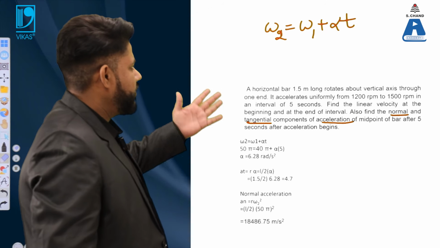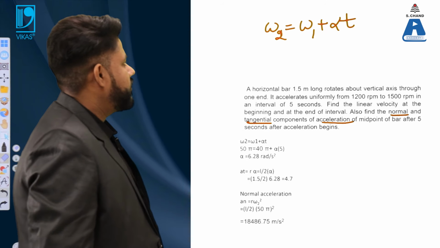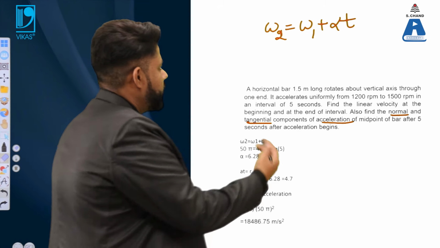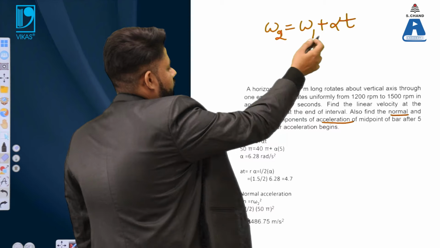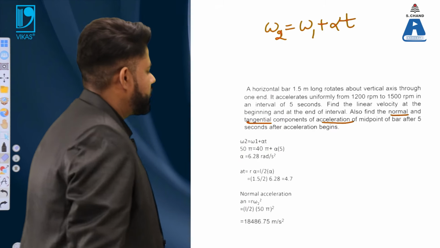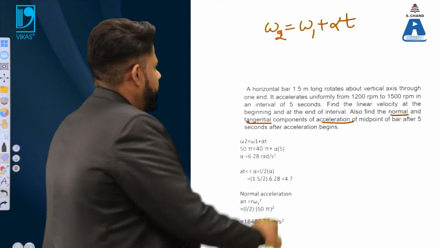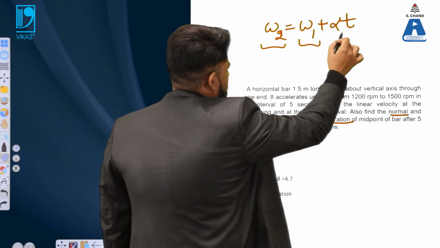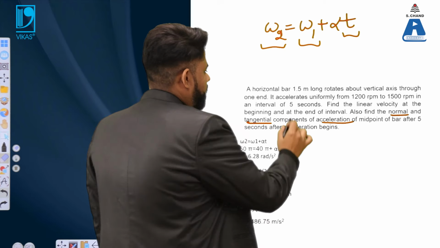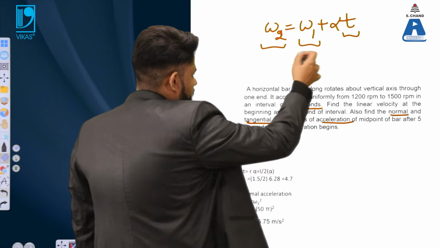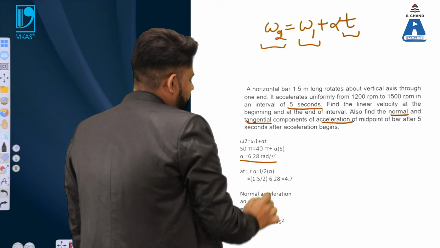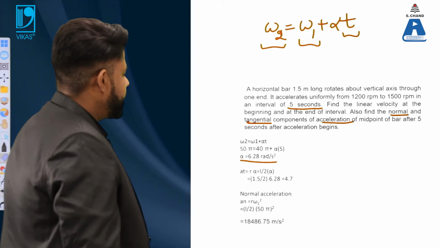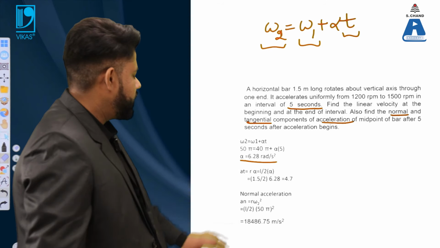What is this equation and where does it come from? v equals u plus at was the initial equation, and we have replaced it with the help of angular velocities and angular accelerations. So we obtained omega 2, omega 1, and the value of the time period, which was 5 seconds. On substituting all these values, you will get the value of the angular acceleration, which is 6.28 radians per second square.